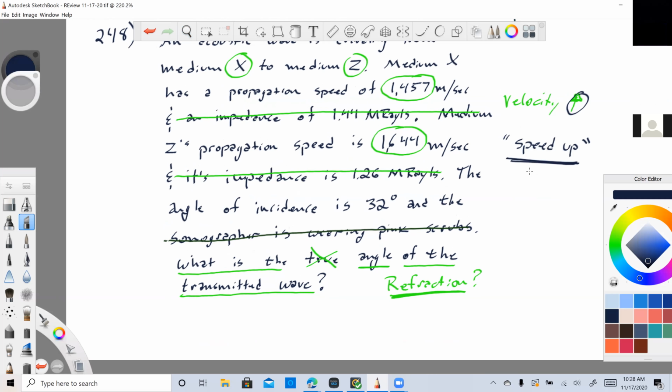It's not less than 32. The answer would be greater than 32 degrees. It sped up.